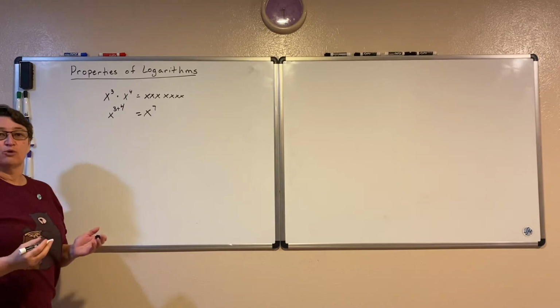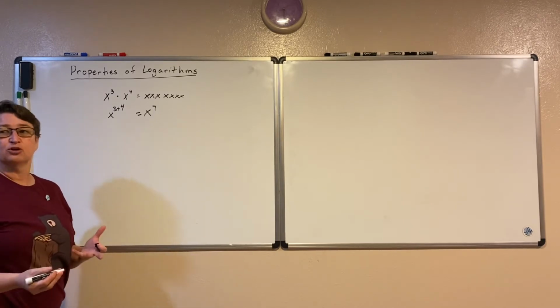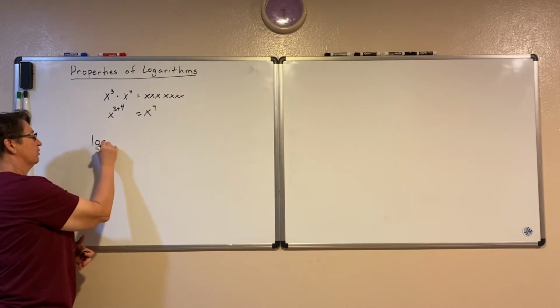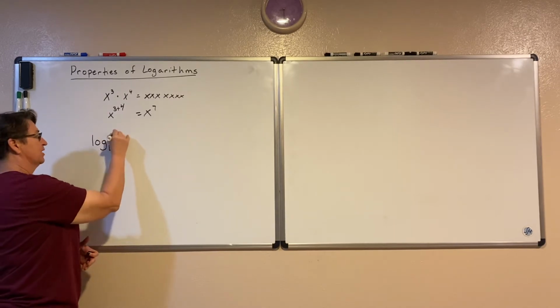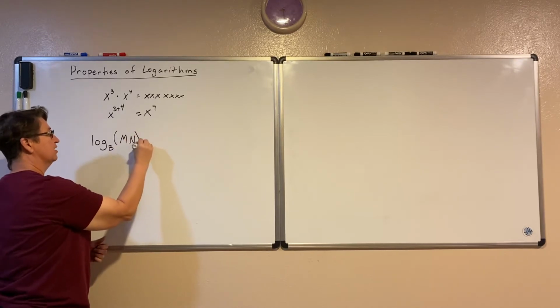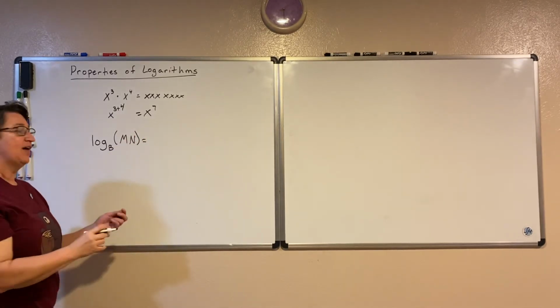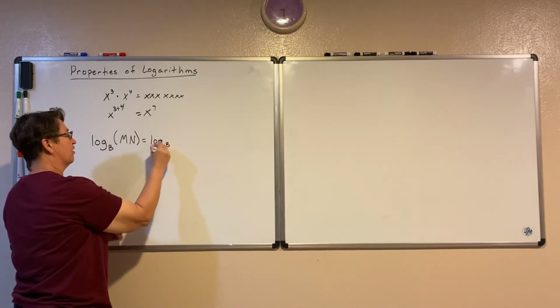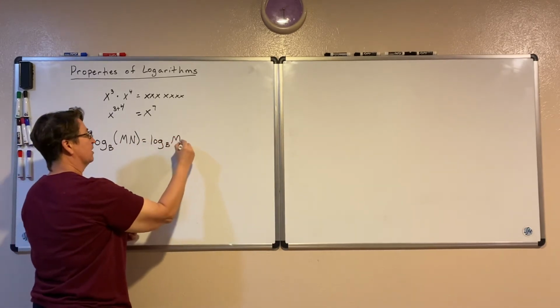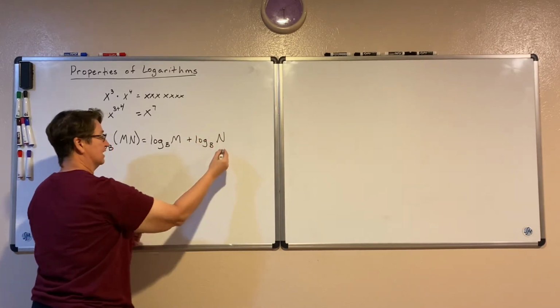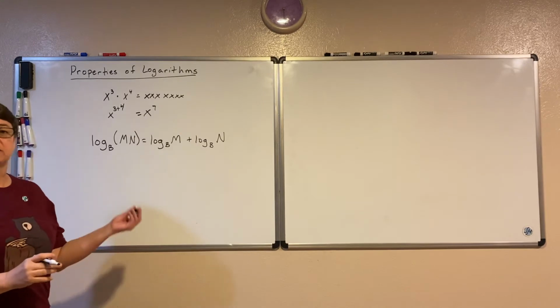Well, with logarithms, we have a similar property or rule, that when we have some log base b, and inside our argument, we're multiplying two numbers together, that's equal to the log base b of your first number plus the log base b of your second number. So it's really similar.